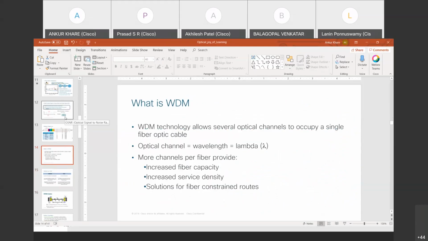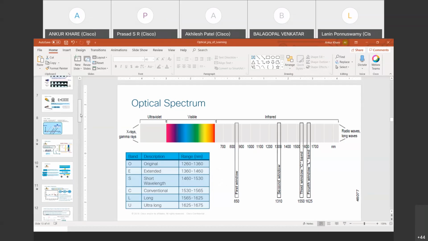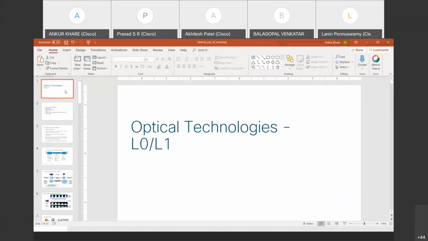Ankur, on the client devices, what kind of features do you enable from the line perspective? On the client devices, we have switches and routers. We have port channels on the Nexus.